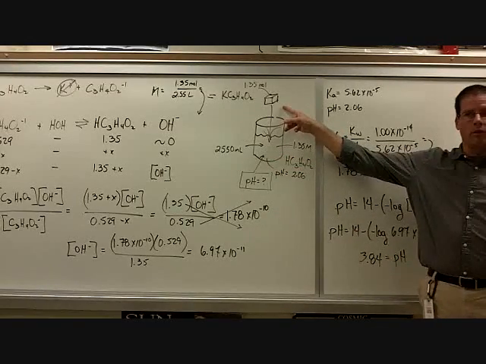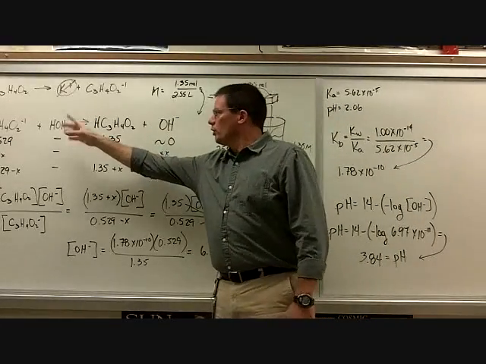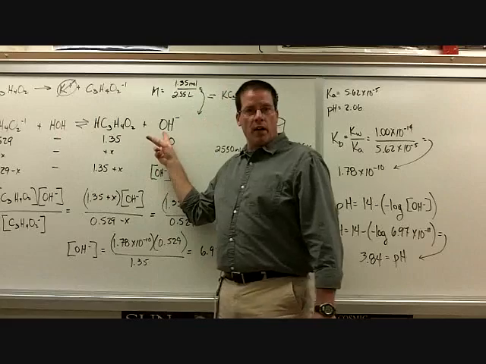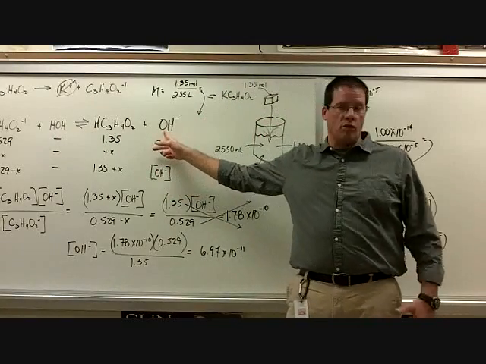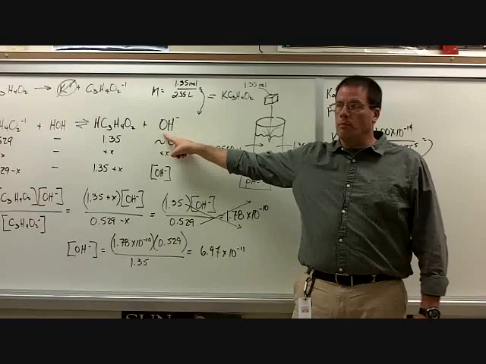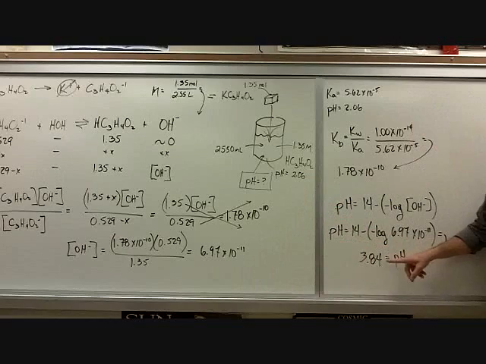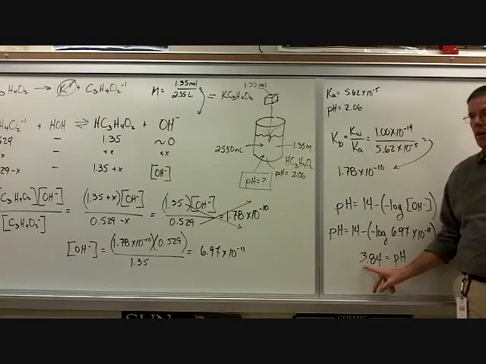Like an acid or a base? A base. So when it started to dissociate and form hydroxide, would we expect the pH to go up or down if we added more hydroxide to the solution? It should go up. So it went from 2.06 to 3.84. That's a good result. We want something like that to take place.